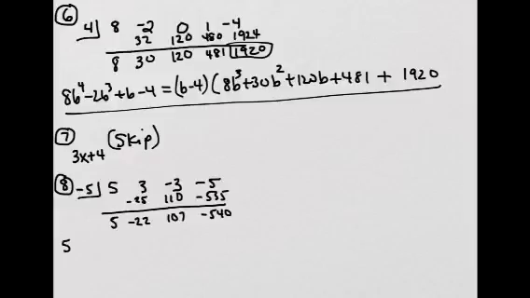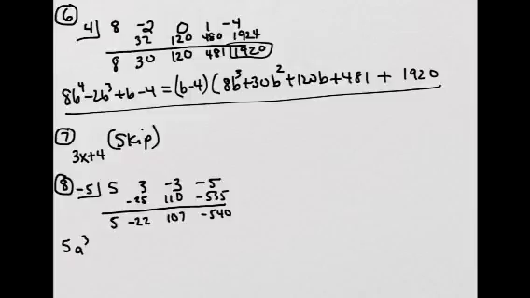So now the dividend would be 5a to the third minus 22a squared plus 10. Oops, I'm taking the wrong one. I started off the right way, but then I started using the coefficients.